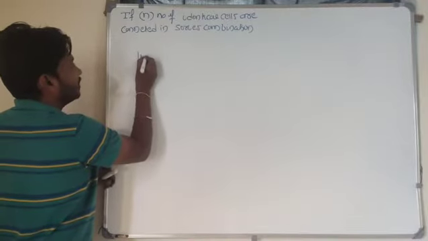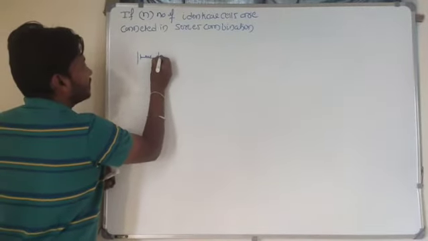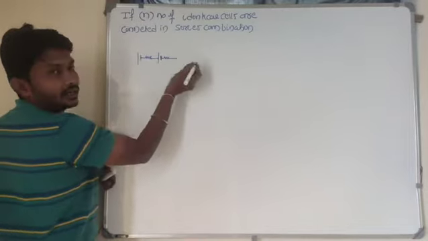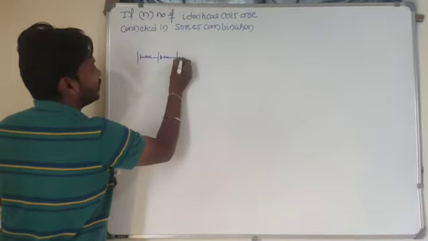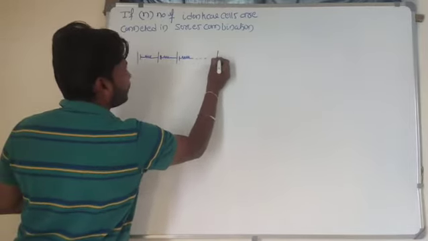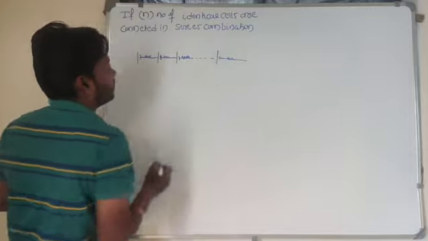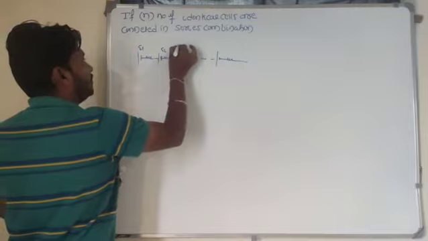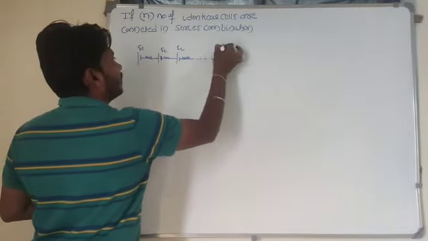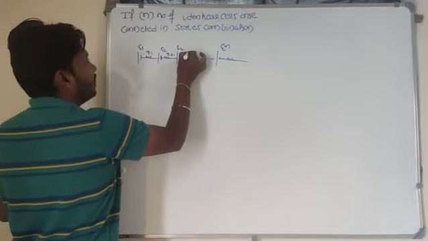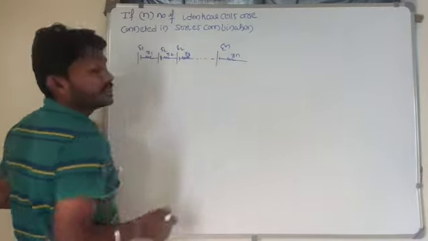In series combination, the negative terminal of the first cell is connected to the positive terminal of the next cell, and like that there are n cells. These cells have EMFs E1, E2, E3, up to E of n, and I can consider their internal resistances R1, R2, R3, up to R of n.